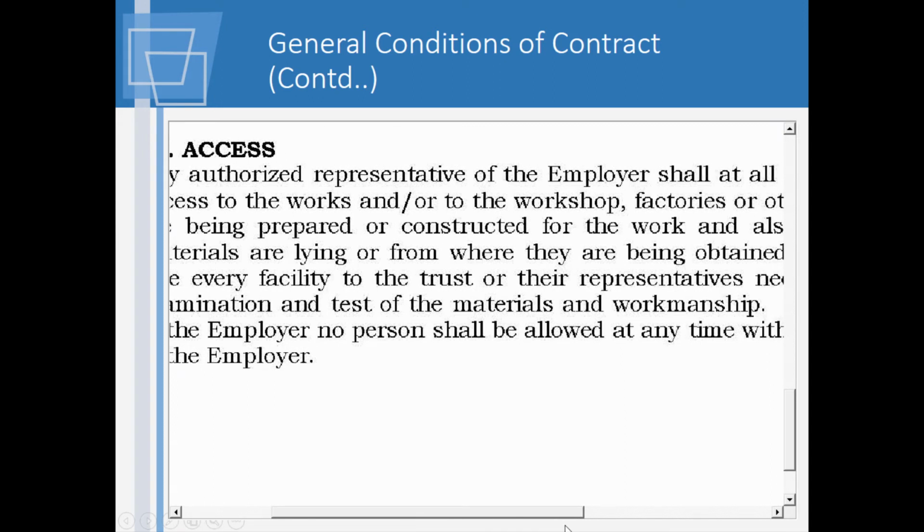So what it means is, if I am buying something, I cannot be stopped by anybody from visiting and inspecting the site. The other way is also there, where the contractor should not be stopped when he wants to enter the construction site for any legal purposes. The only time they will stop access is when they find that a person has abandoned work or something like that, where they'll say that this person is not allowed to enter the construction site.